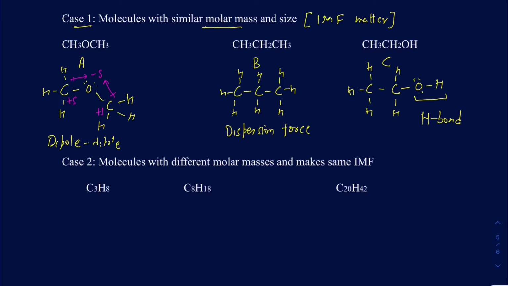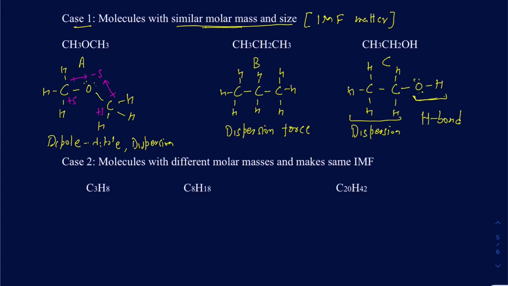For example, this first one, in addition to making dipole-dipole, is also making dispersion forces. And the same story with this third one, in addition to making the hydrogen bond with the second part of the molecule, this first part of the molecule is going to be making dispersion forces as well. But when you're looking at molecules with similar molar mass and similar size, you mainly focus on the strongest intermolecular force a particular molecule is going to make.